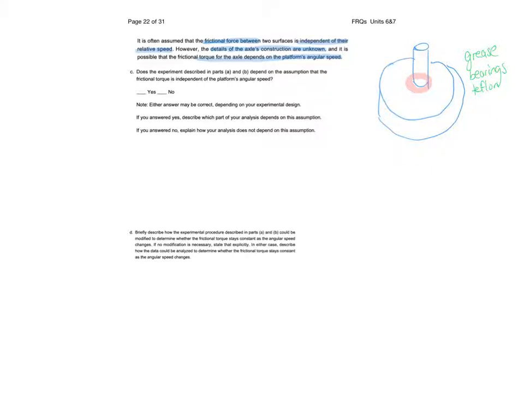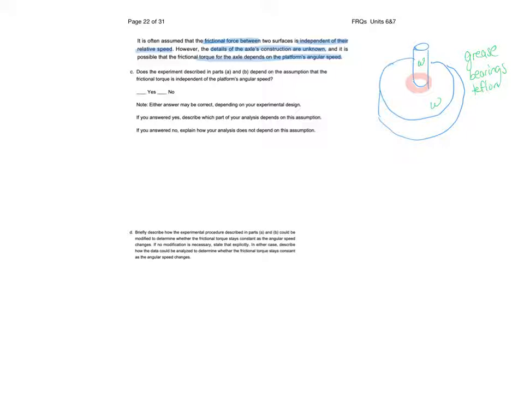So the question they're really asking is: does the speed difference, the omega of this and the omega of this, differ from each other? And how different they are, does that affect the amount of friction we see?